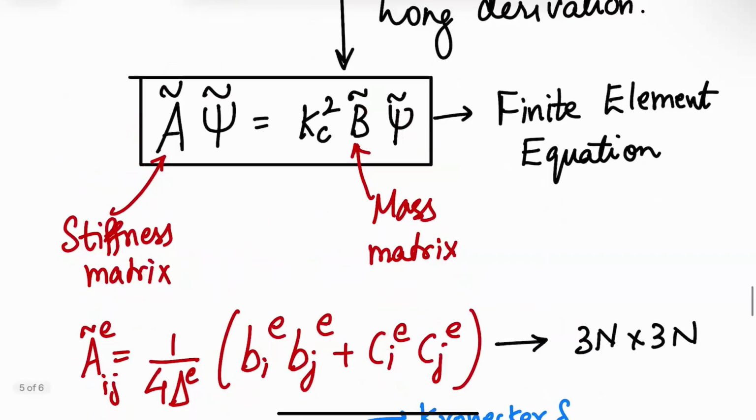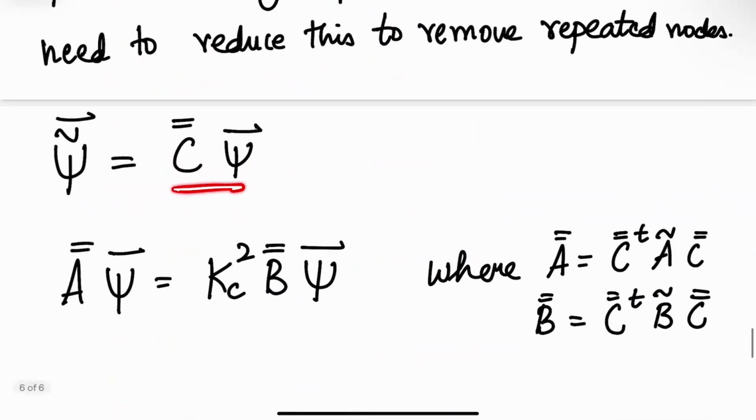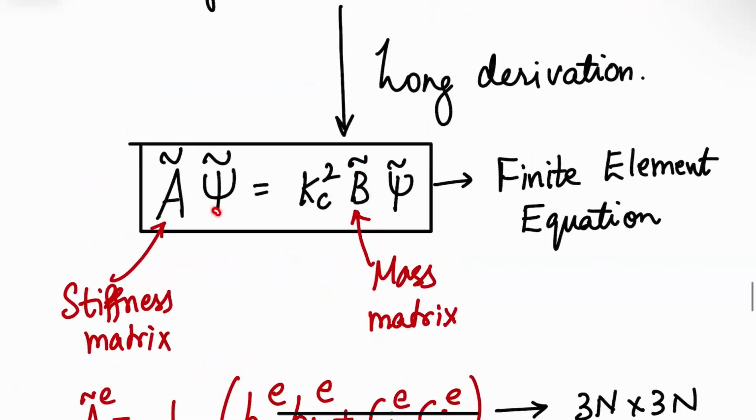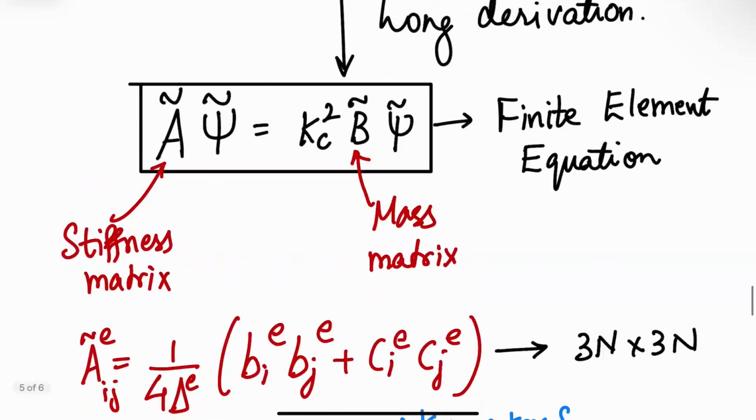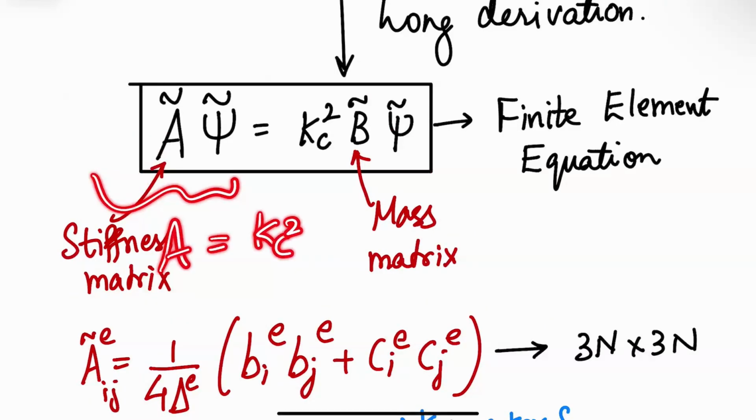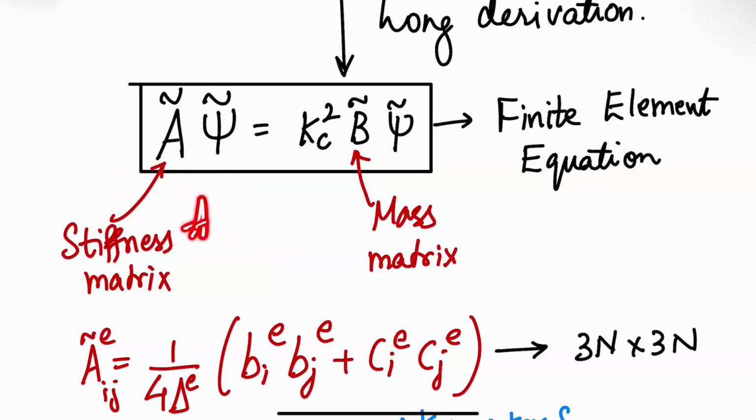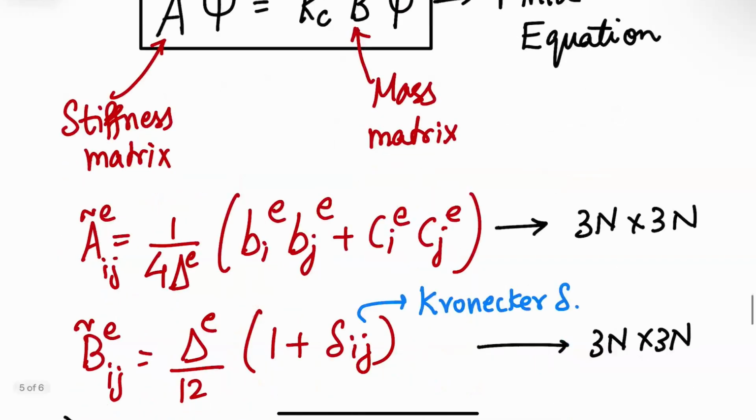If you go back in here, you can substitute psi tilde from this equation, and that will give you C psi. You have a C psi here. You multiply with C transpose on both sides, and that essentially reduces to A psi equal to kc square B psi. Okay, and that's exactly what we have here.